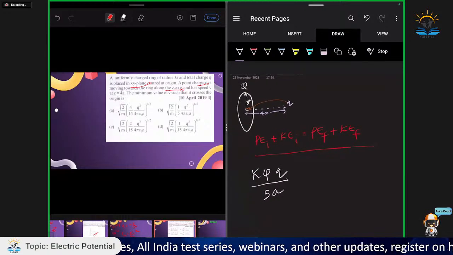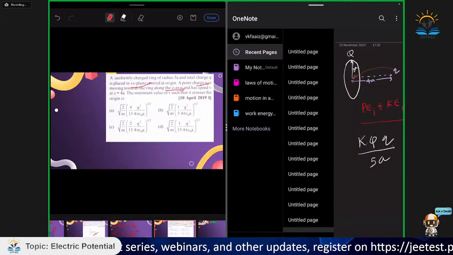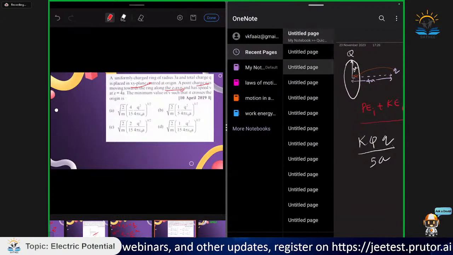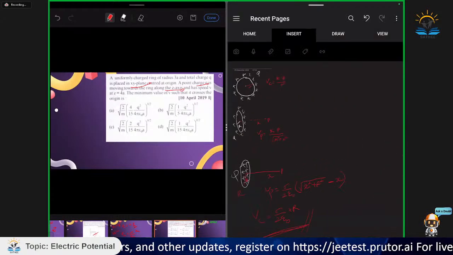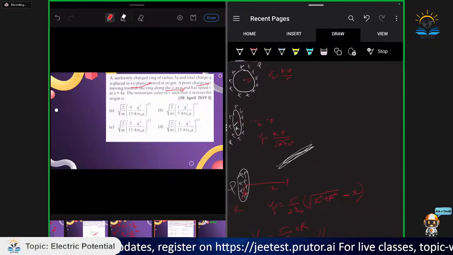This is our formula, right? We have the formula kQ divided by root of R square plus x square.